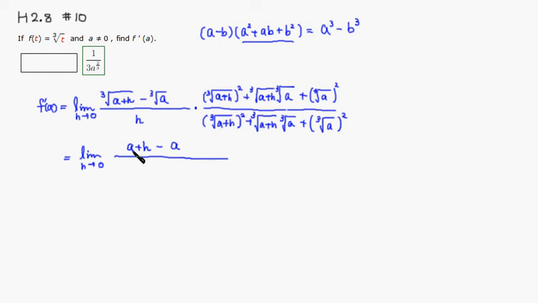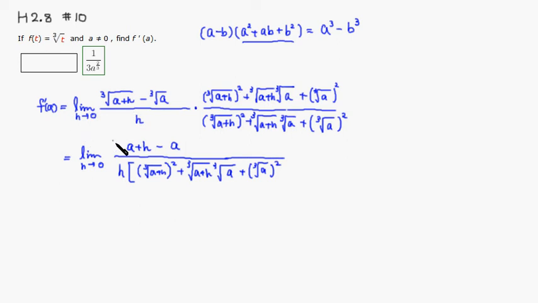And then we can't really do too much about the bottom, so we're going to just say h times quantity, cube root of a plus h squared plus cube root of a plus h times cube root of a plus cube root of a squared.